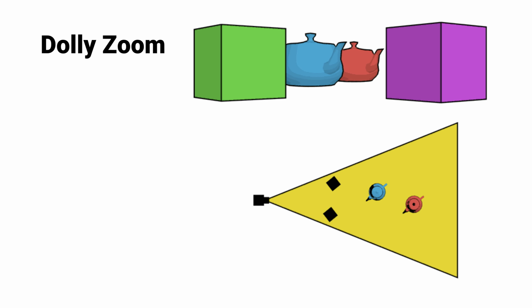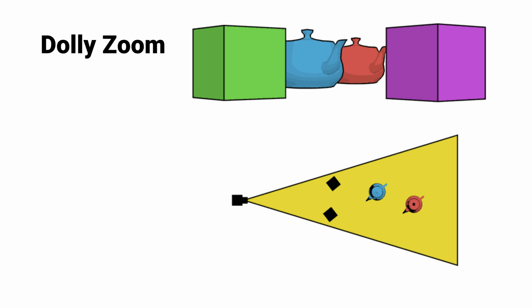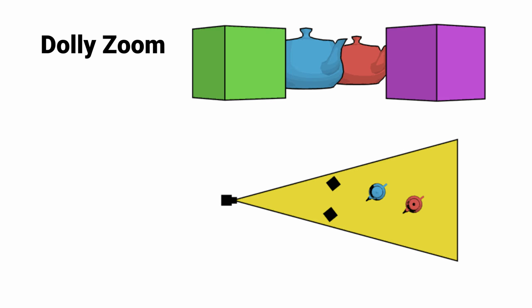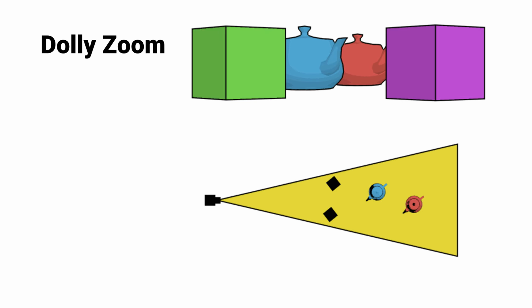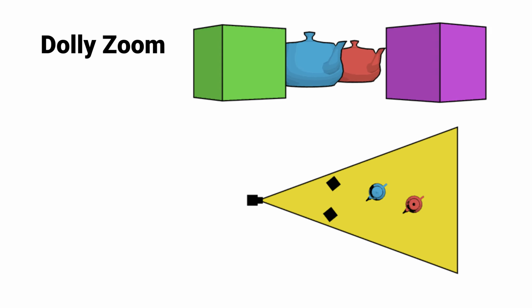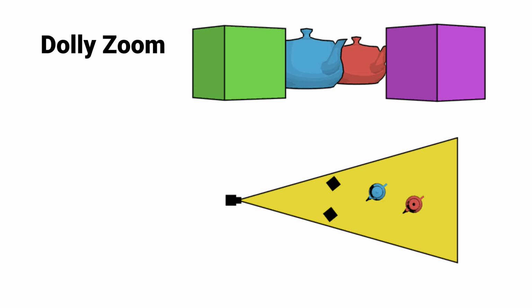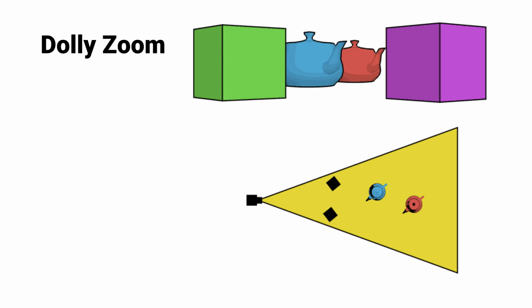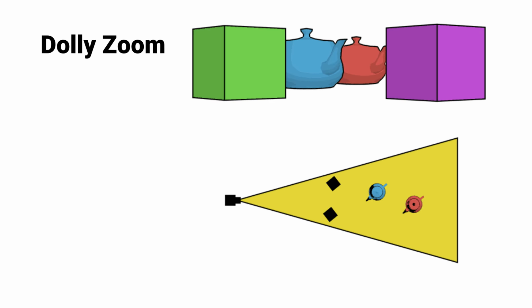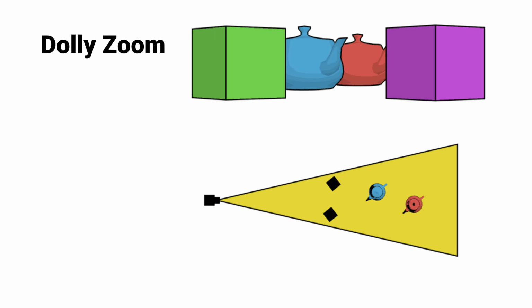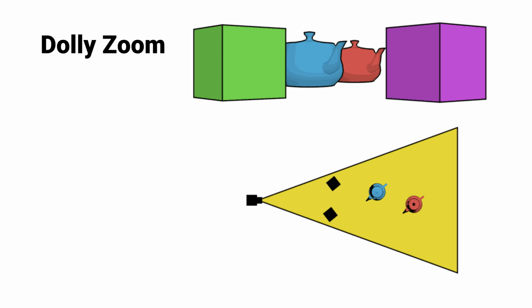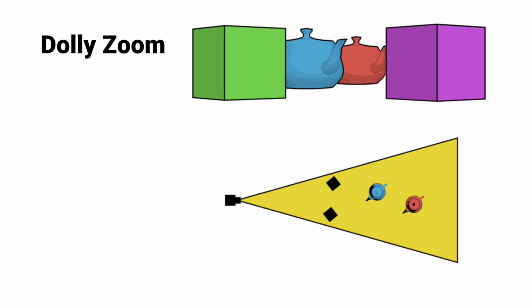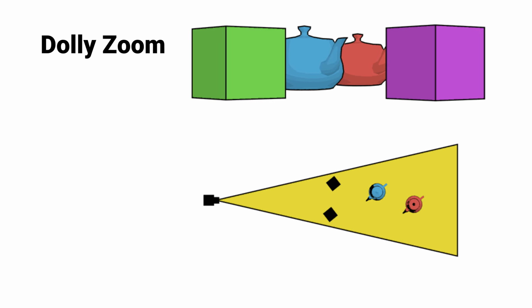Beautiful. So what's essentially happening is, in this particular case, you have objects in the scene with different depths. As you are moving towards or away from the subject, which are these objects, you try to zoom in the opposite direction. If you're going closer to the objects, you basically zoom out. If you're going farther away, you zoom in, right?